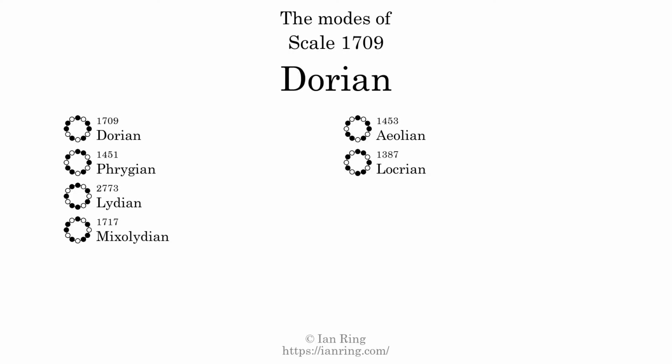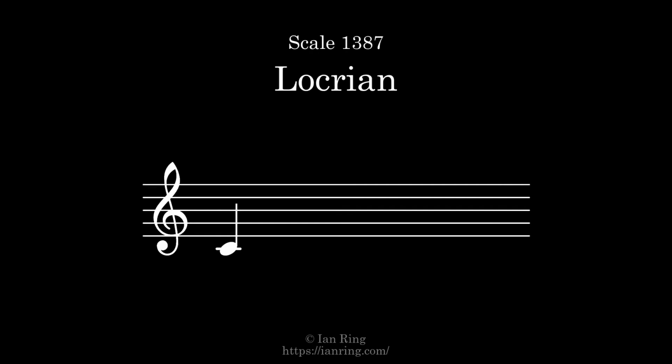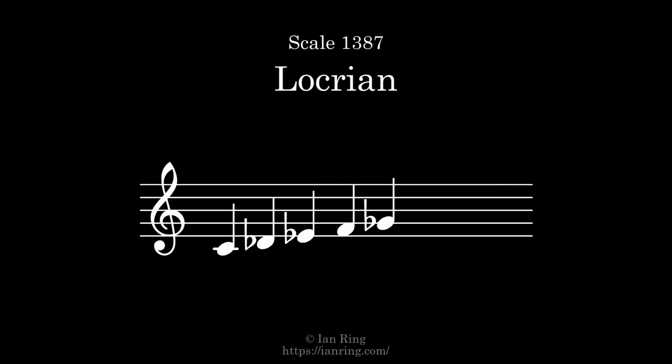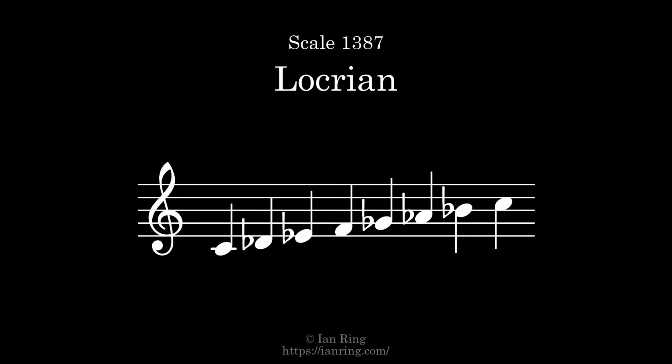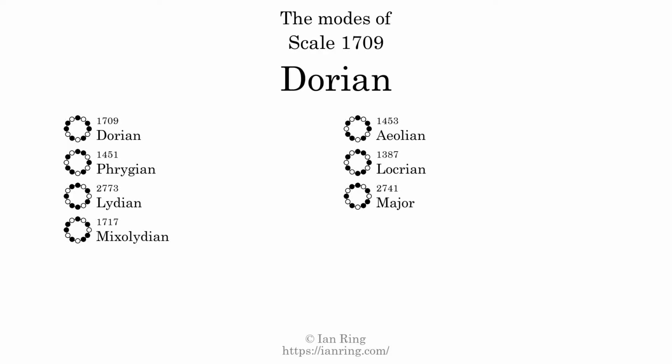The sixth mode is scale 1387, also known as Locrian. It sounds like this. The seventh and last mode is scale 2741, also known as Major. It sounds like this.